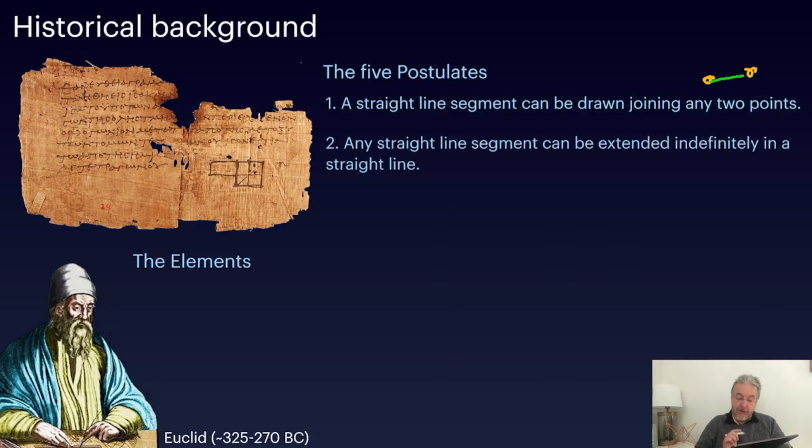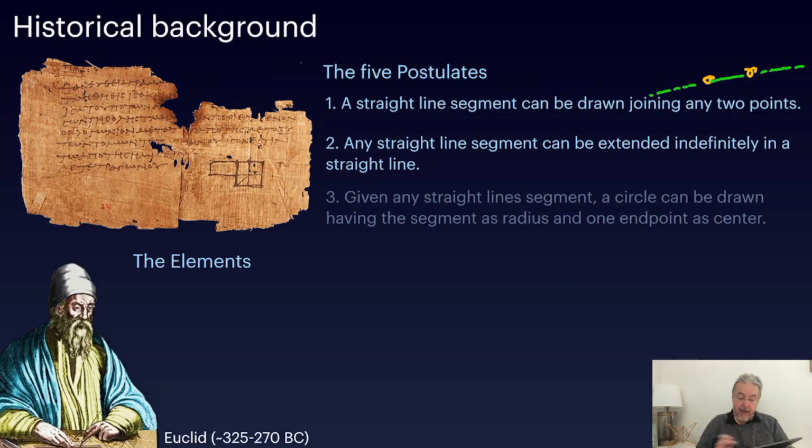The second postulate is the following: any straight line segment can be extended indefinitely in a straight line. So if you have those 2 points, you can essentially walk in both directions and never reach an end of that line. Third postulate: given any straight line segment, a circle can be drawn having the segment as radius and one of the endpoints as center.